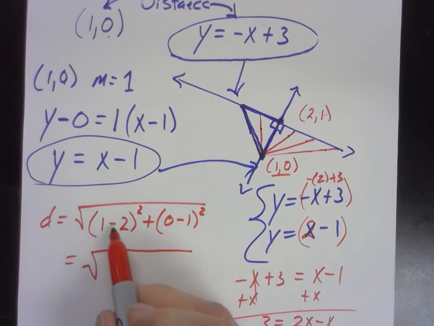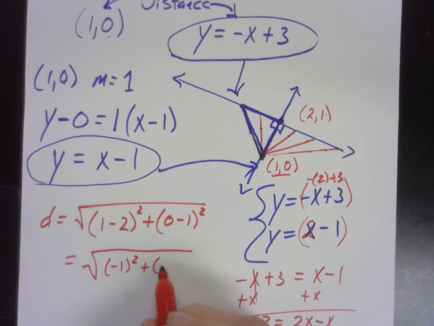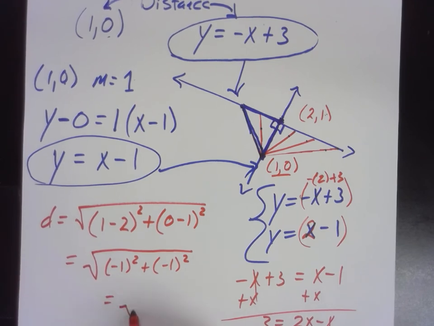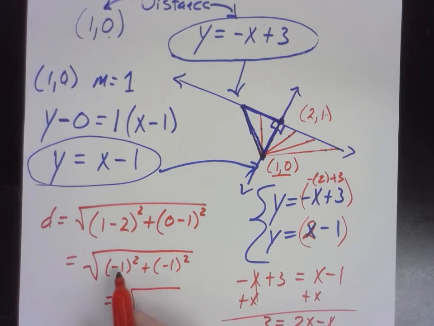So 1 subtract 2. Now remember, this is in parentheses, negative 1 squared. And then this one is in parentheses, negative 1 squared. And negative 1 squared is 1, 1 plus 1, that's root 2, isn't it?